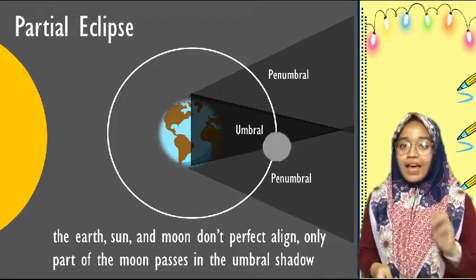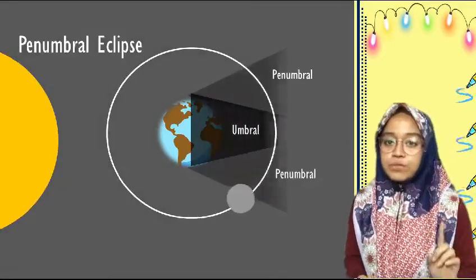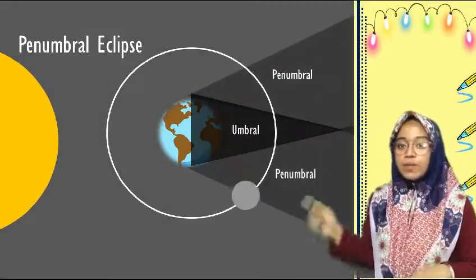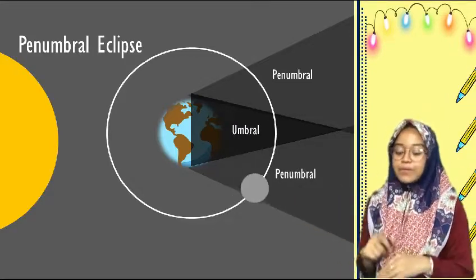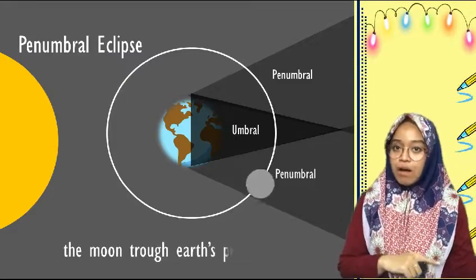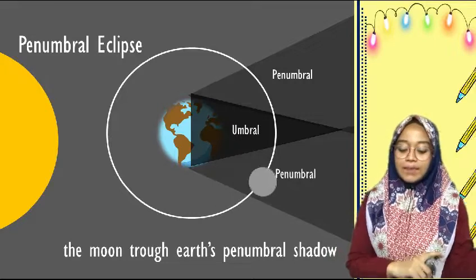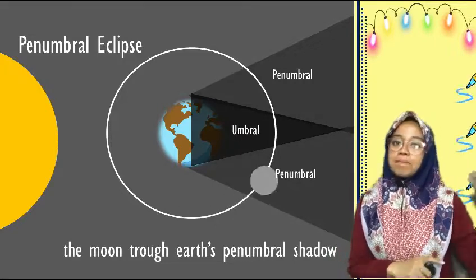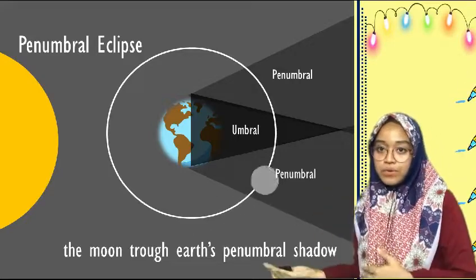Okay. The third type of lunar eclipse is the penumbral eclipse. A penumbral eclipse can occur when the moon goes through Earth's penumbral shadow. In a partial eclipse, only part of the moon passes through the umbral shadow.